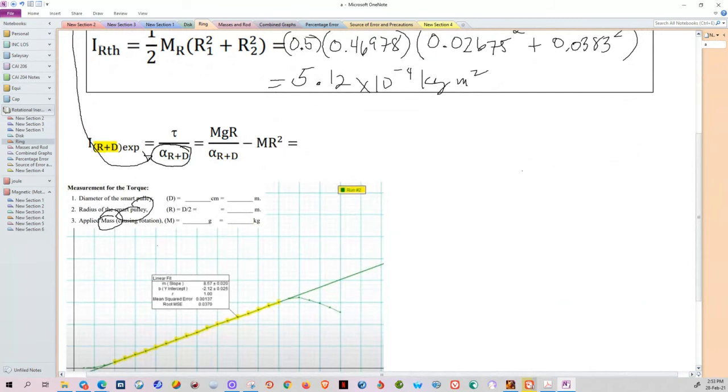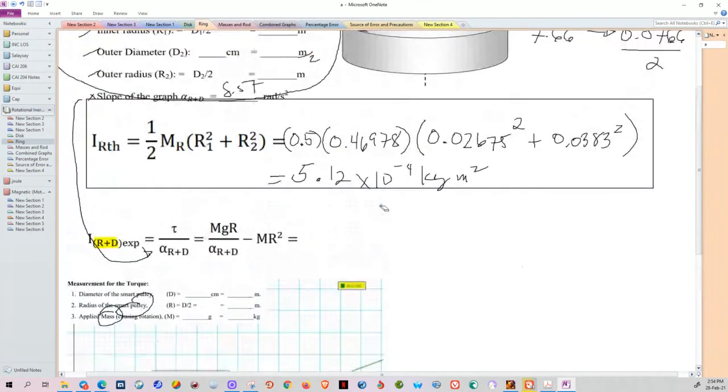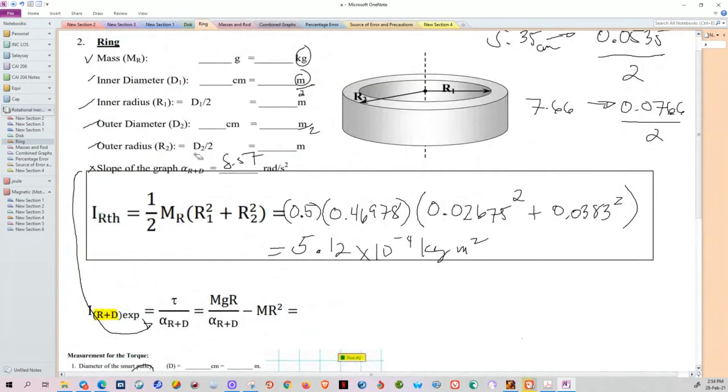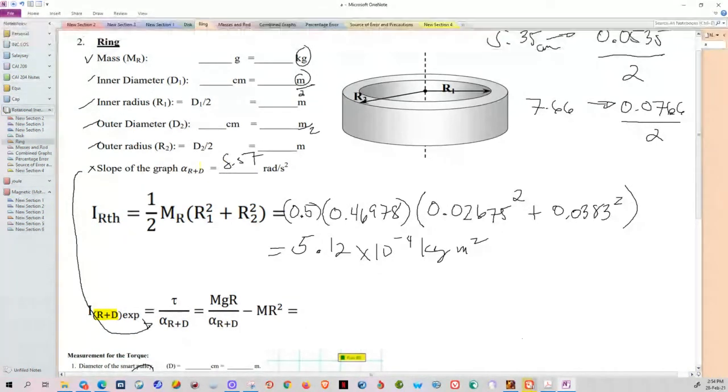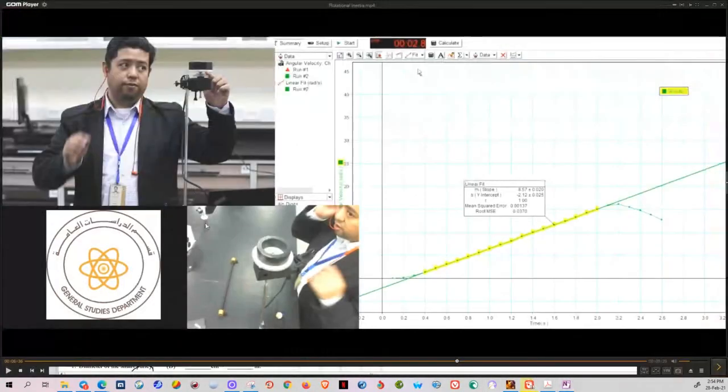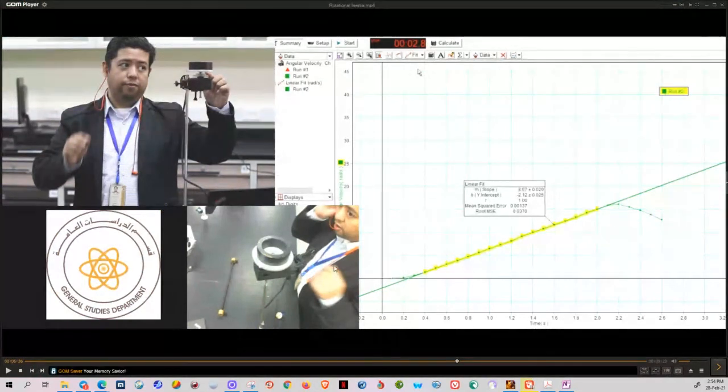Now I want to explain to you one thing. Why does it say R plus D? Do you have to take the slope of the disc and add it to the number 8.57? No. What you will do is actually just use 8.57, because that is the slope of R plus D. It's just the slope of the ring and the disc together, because when we made the rotation for the ring, it has the disc with it.